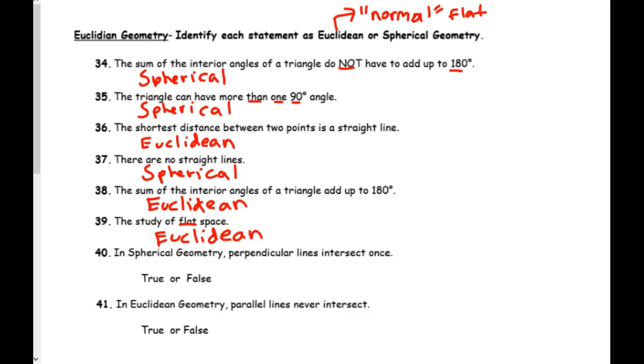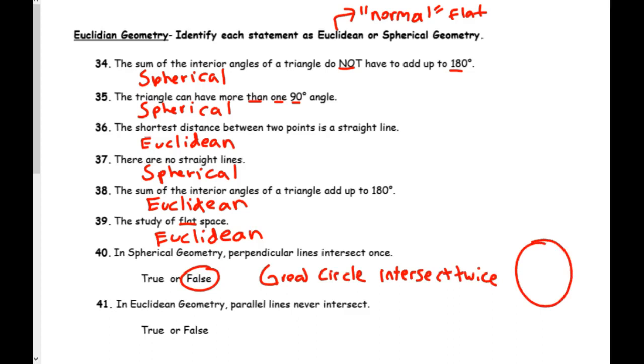And we got some true-false. Spherical geometry, perpendicular lines intersect once. False. A great circle, like lines of longitude, intersect twice, like at the poles.